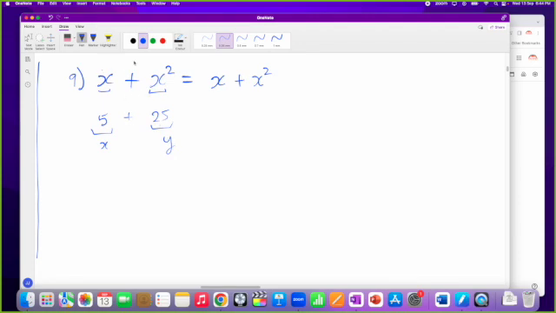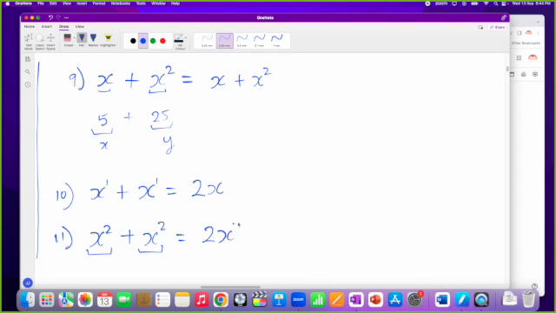So you can only add numbers of the same power. For example, x plus x, these two have the same power, so that will give me 2x. I could also have x squared plus x squared. As long as they are the same number, I could add them to get 2x squared.